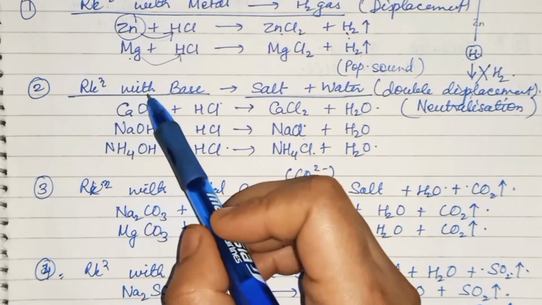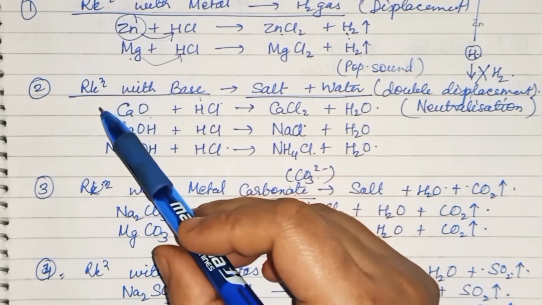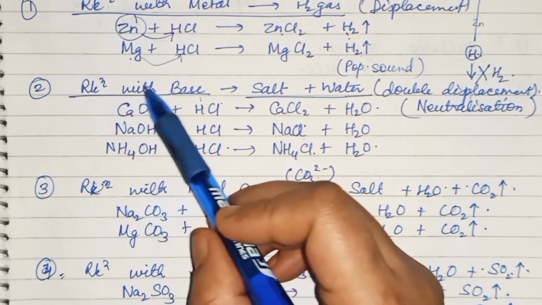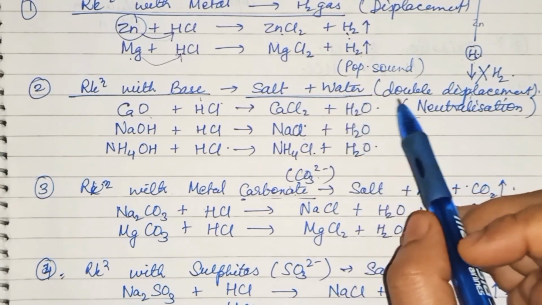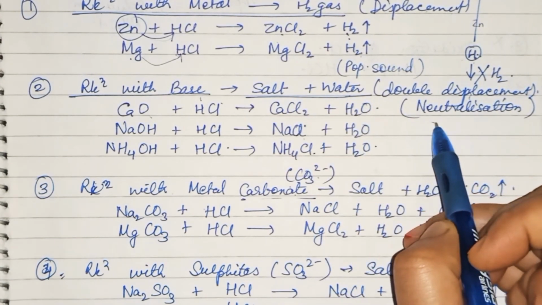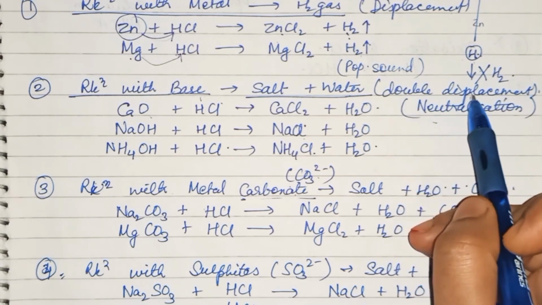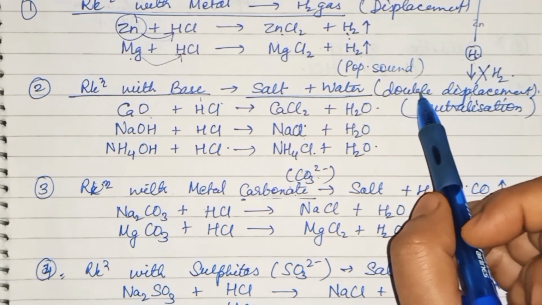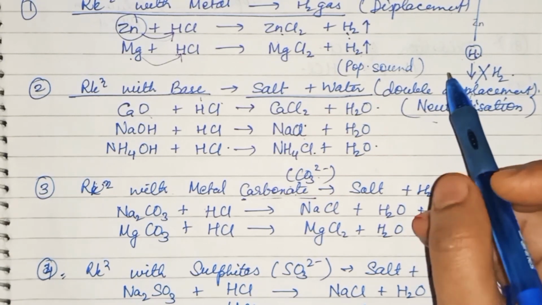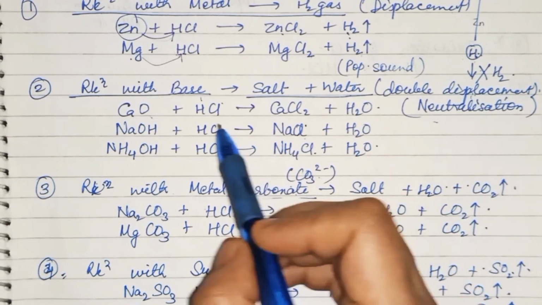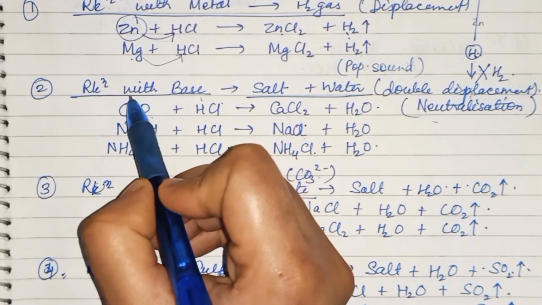Now next is reaction with a base. When HCl acid reacts with a base, it will give salt and water. This reaction is also known as neutralization reaction or double displacement reaction. Children, you have learned double displacement reaction in class 8th and 9th also. In that case, you just have to interchange the positive ions.